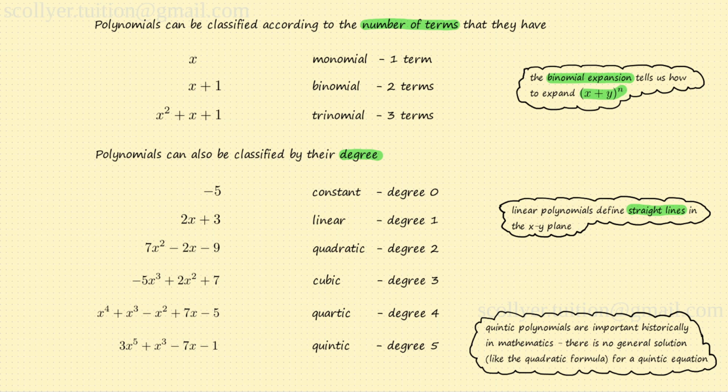And although you won't often come across quintic polynomials, they are important historically. There is no general solution for a quintic equation, whereas there are general solutions similar to the quadratic formula for linear, quadratic, cubic, and quartic equations.